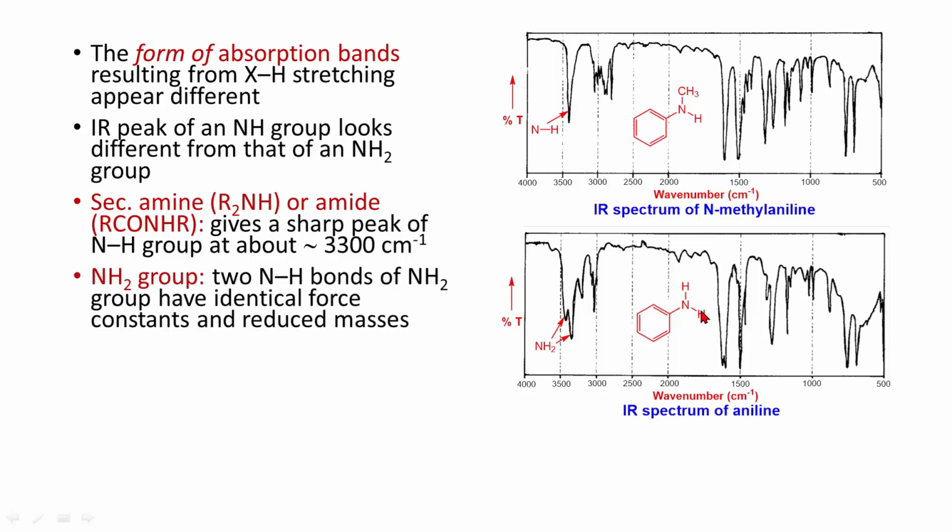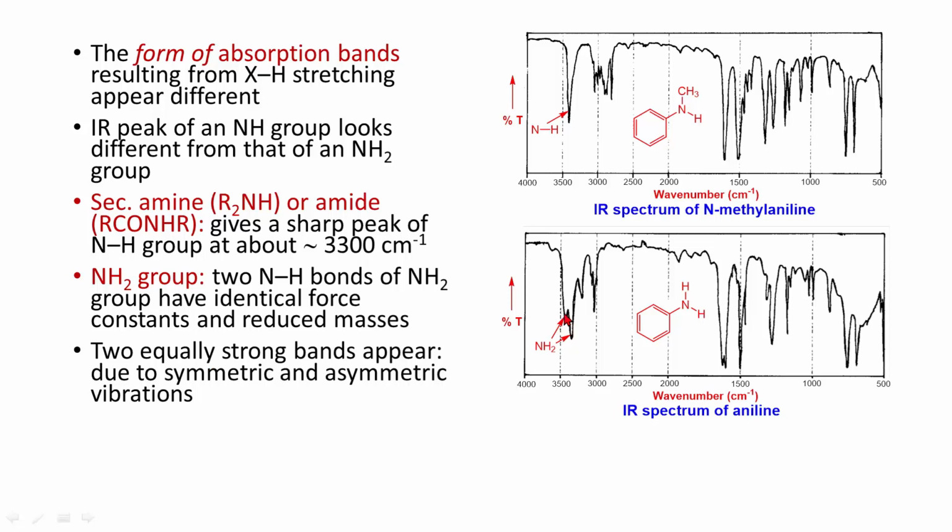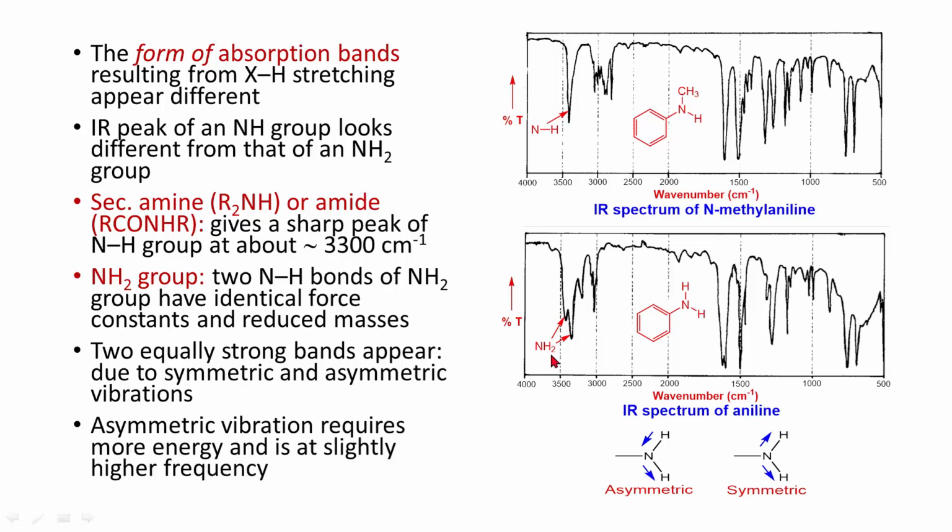In primary amine NH2 groups, there are two NH bonds that have identical force constant and reduced mass. Two equally strong bands appear due to symmetric and asymmetric vibrations. This is asymmetric vibration. This bond is elongated, this bond is contracted. In symmetric vibration, both NH bonds are elongated at the same instant of time. Asymmetric vibration requires more energy and appears at higher frequency.